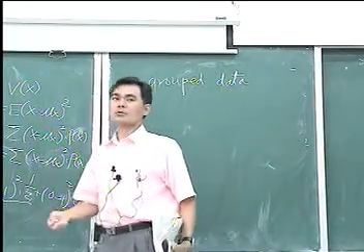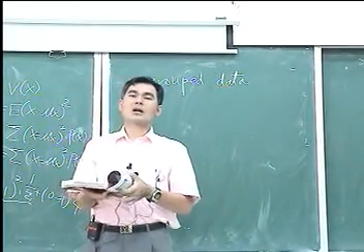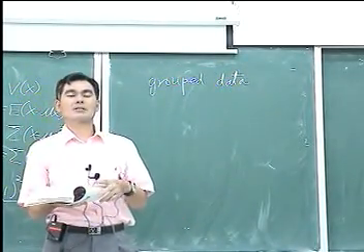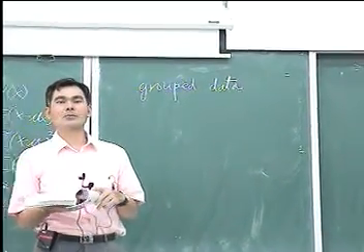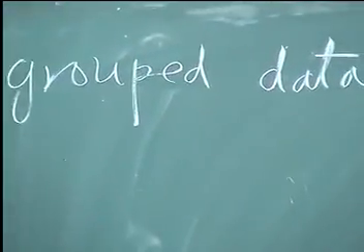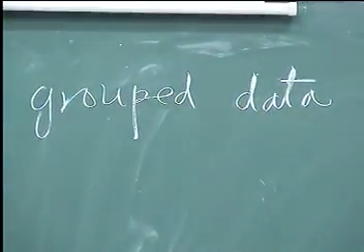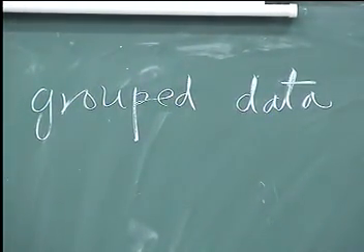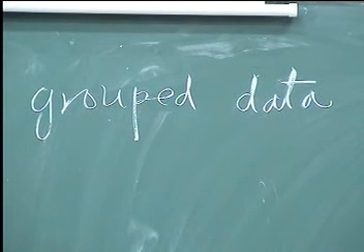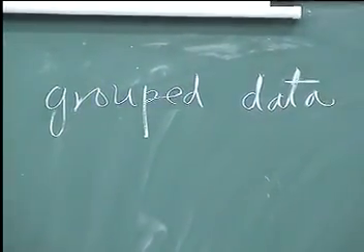Of course, in terms of expectation, mean, etc., group data has a different way to calculate it from the individual numbers that we have. But generally, it's not that difficult. The formula will be here. We will talk about it very soon.